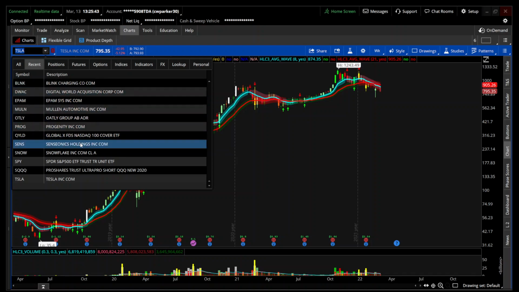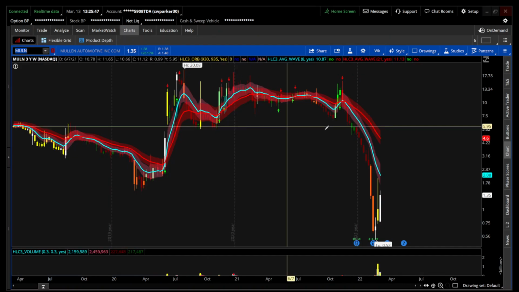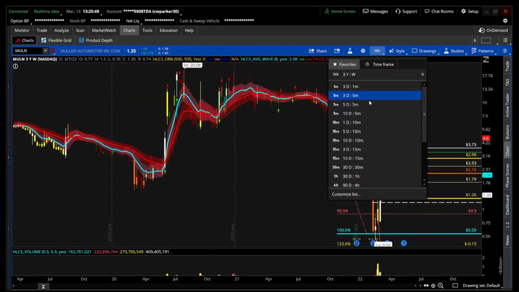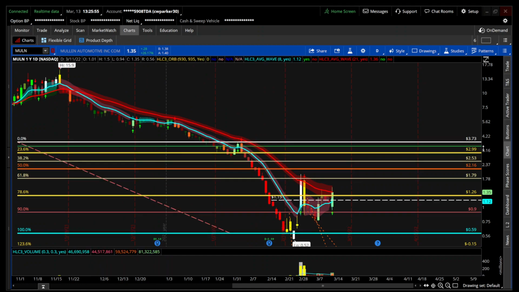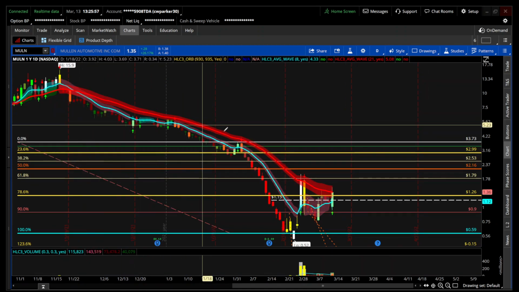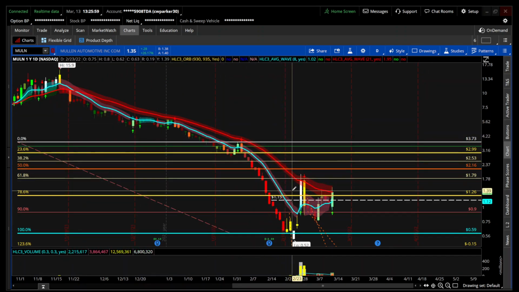I wouldn't use this indicator on a low volume stock. And anybody will tell you, use indicators on a low volume stock, you're only going to hurt yourself. This is MULN. This is a short squeeze play that a lot of people are playing because they got a lot of failures to deliver. It's an EV stock as well.